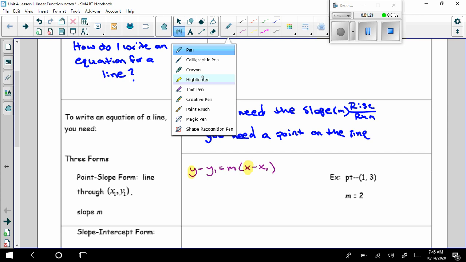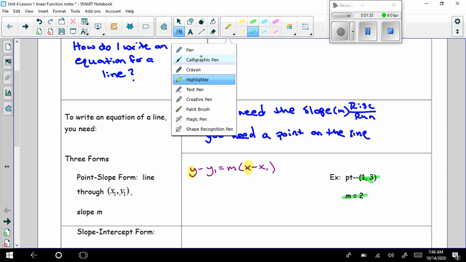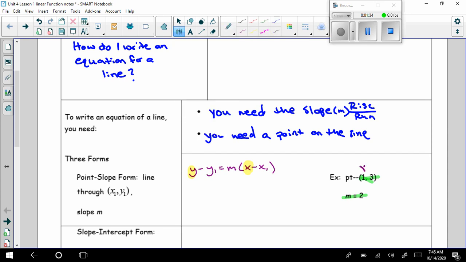And so we see over here, for example, we have the point (1, 3) and m is 2. So this point then is your x1, y1, and you just plug that in. And so the subtext on it, the ones are just telling you it's the first point that you have given on this line.